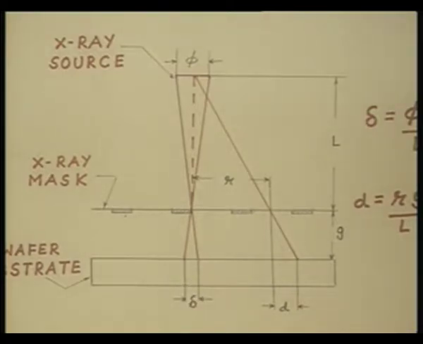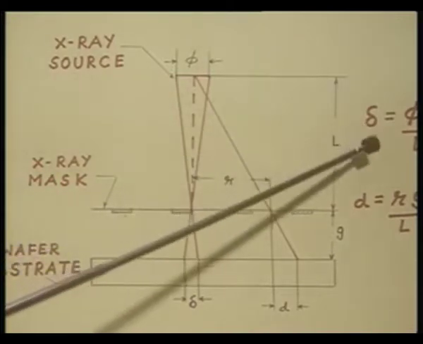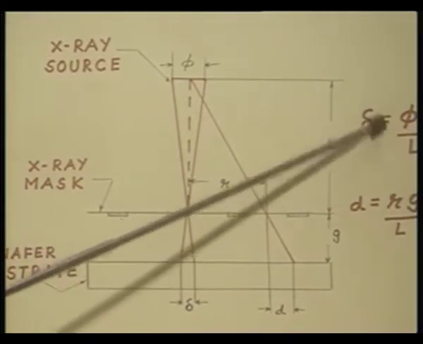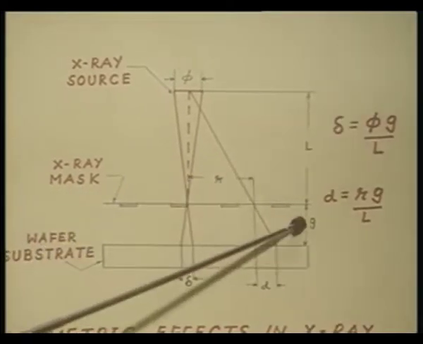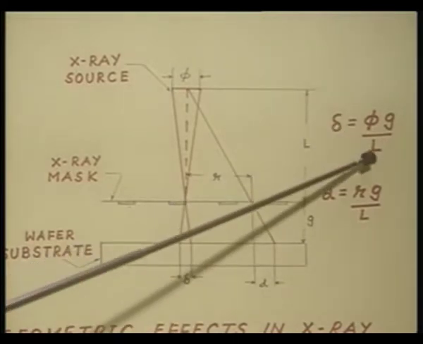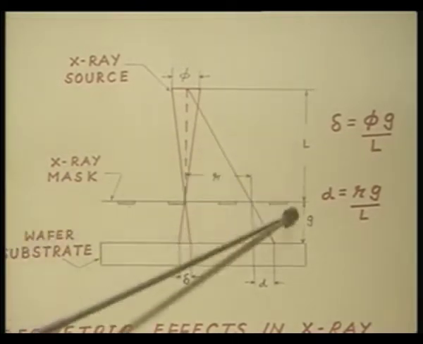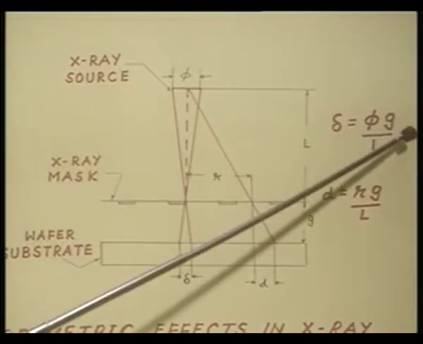Instead of getting the image as a point, we obtain a penumbral blur of dimension of the order of delta. And it can be shown from geometrical consideration that this amount of penumbral blur delta is dependent on the separation of the mask and the wafer. It is dependent on L, that is the distance of the X-ray source from the mask, as well as on the X-ray beam diameter.